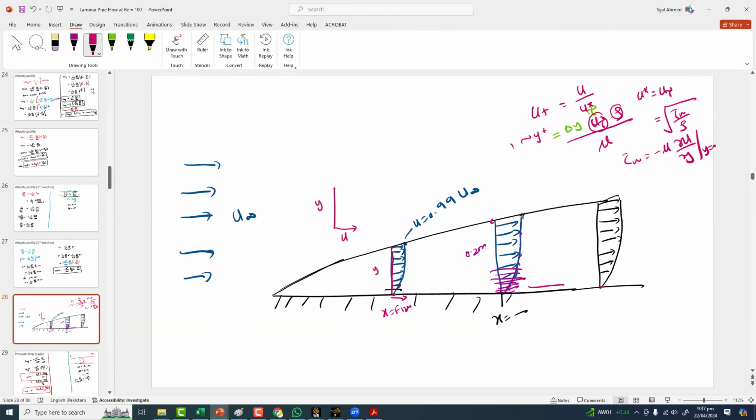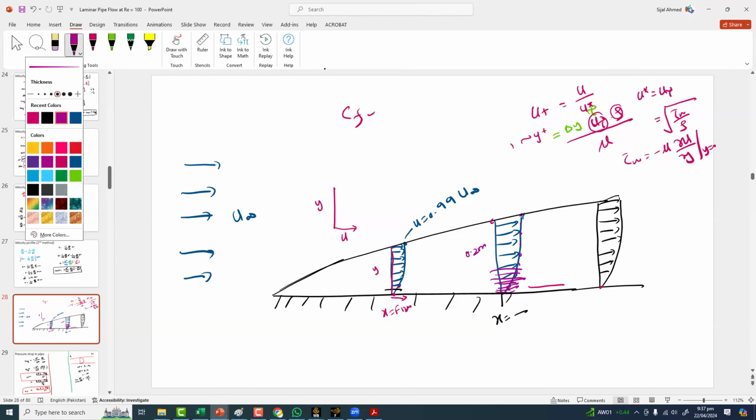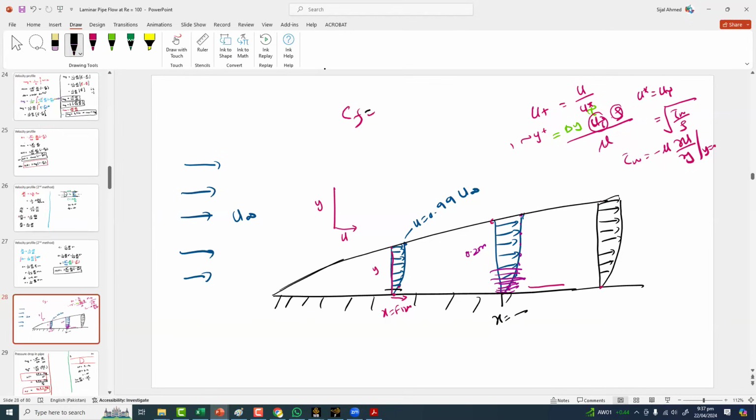You can find that out from empirical formulas, like the wall shear. The friction velocity is equal to the square root of tau wall divided by rho. Now I can find tau wall by this equation: CF, the coefficient of friction, is equal to tau wall divided by 1/2 rho u infinity squared.